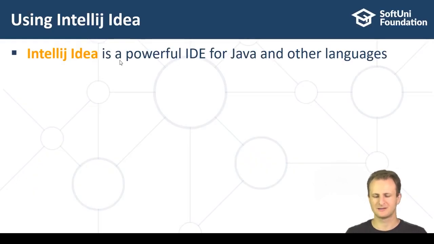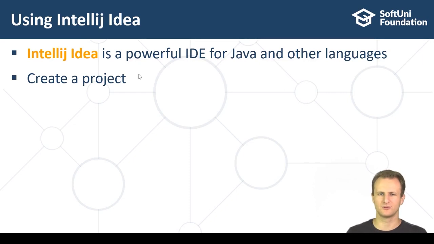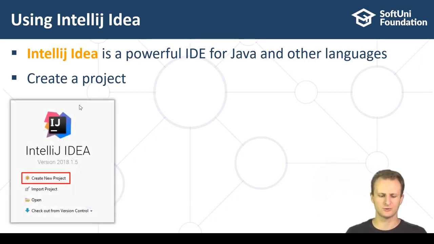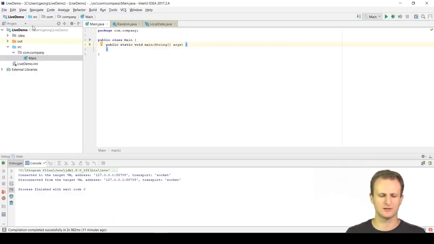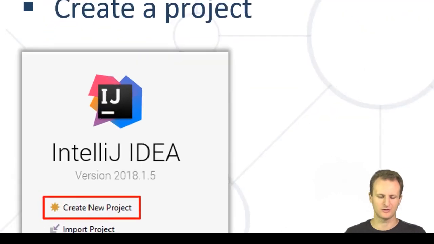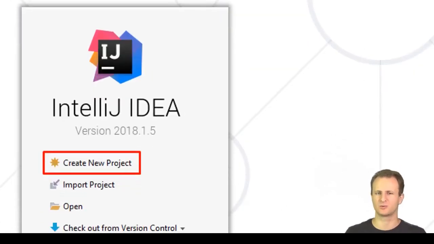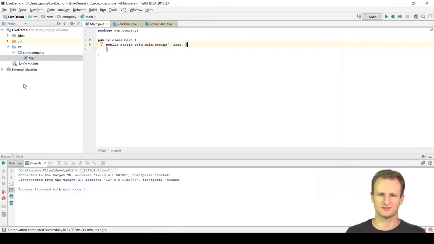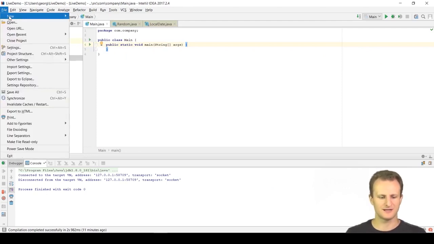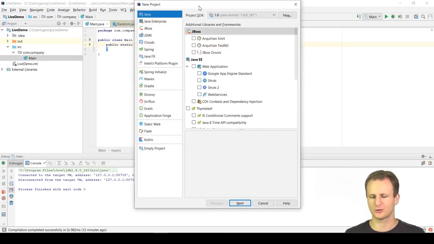Okay, so IntelliJ, we will be seeing it in a bit, and for using IntelliJ, you would need to create a project. In IntelliJ, everything is bundled up inside projects. How do you create projects? Well, you open up IntelliJ, and you're going to get this screen if you haven't created any projects yet. If you already have created a project, you will probably get that project loaded in, and you can say File, New Project, which creates a new project.